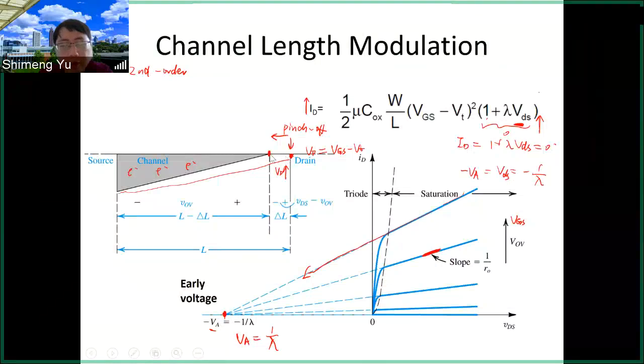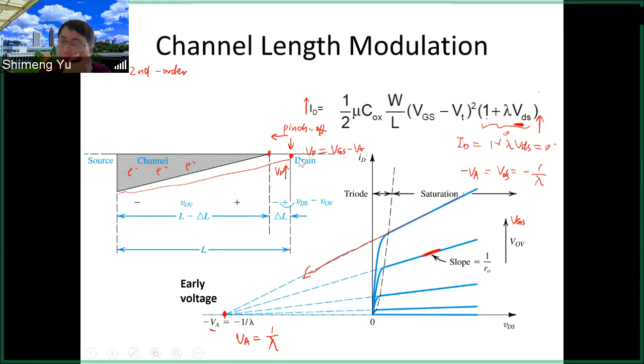Of course, this is not true in reality. If you follow the physical picture here, with the pinch-off moving towards here, then there's no carrier here. In reality, of course carriers will be flowing here because you need to pass the current, right?